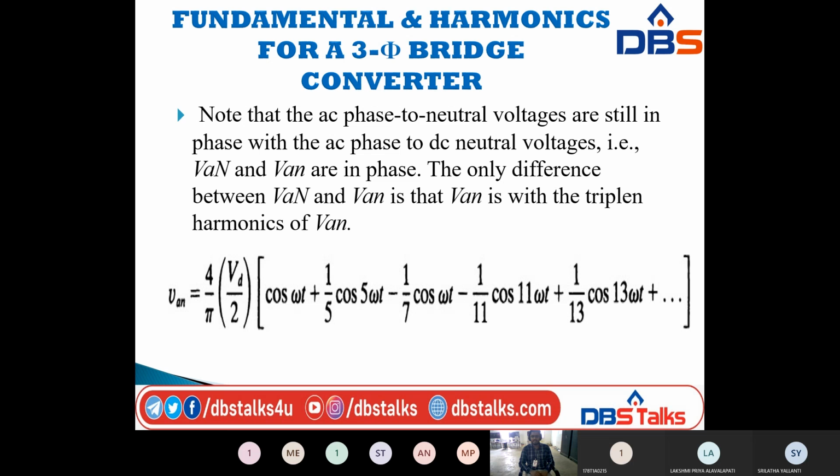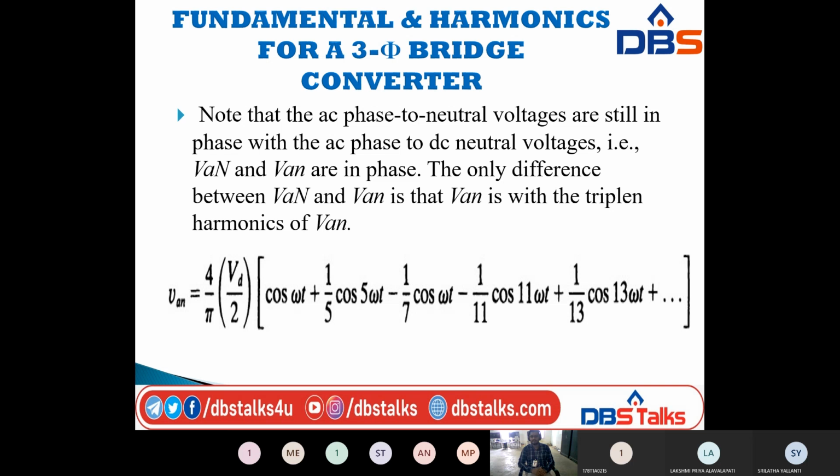The only difference between VA capital N and VA small n is that VAN contains the triplet harmonics, but VA capital N does not contain the triplet harmonics. So it is shown like that.